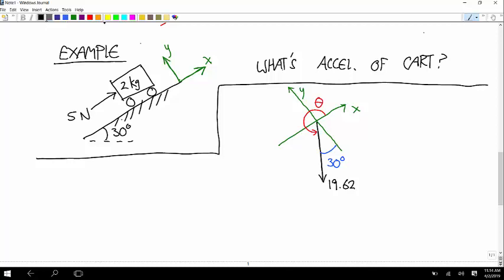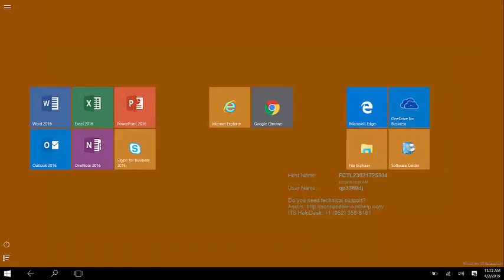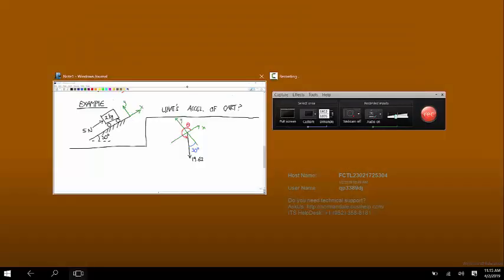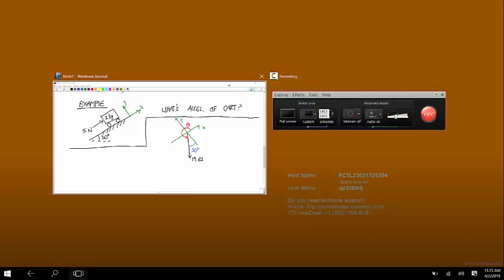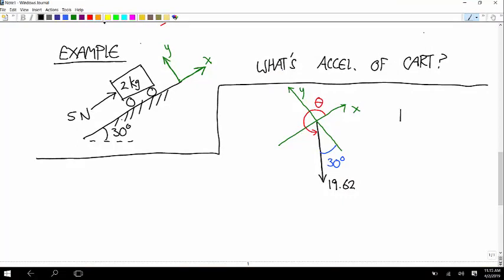You can think of it as you go from the positive x-axis all the way around to 270 and then backtrack 30. So the weight force is 19.62 times cosine of 240, 19.62 times sine of 240.